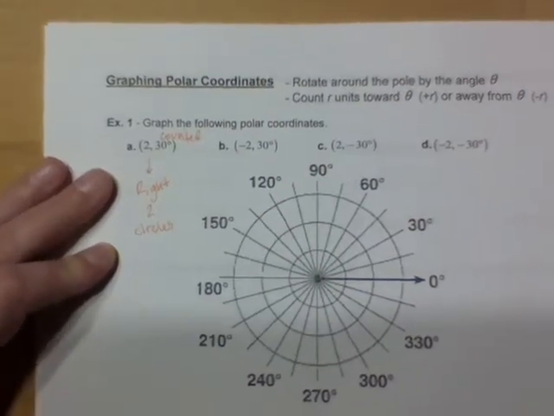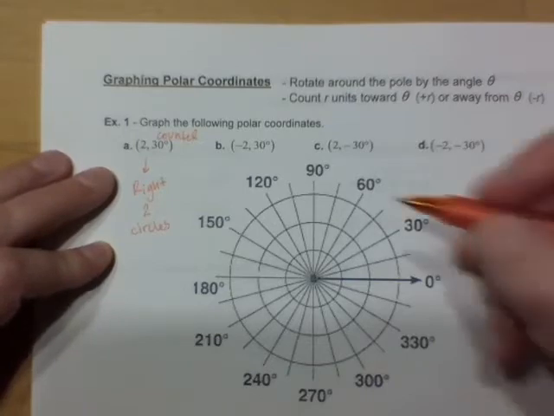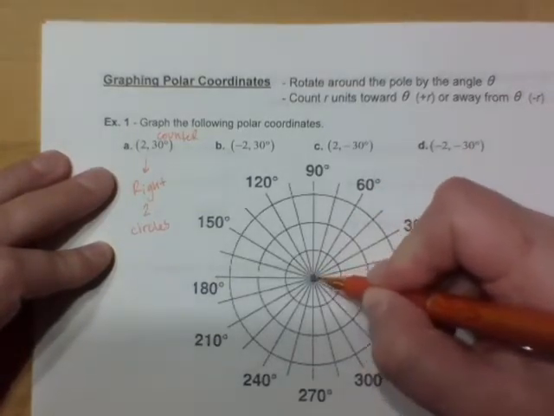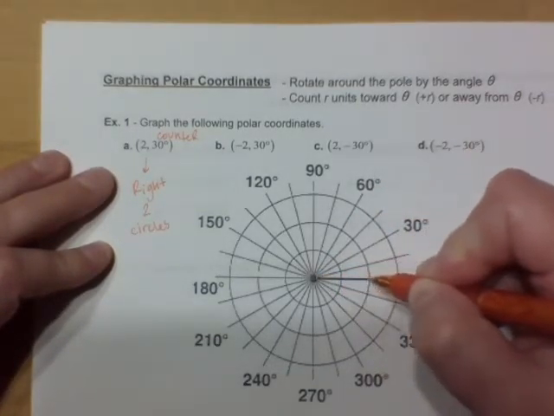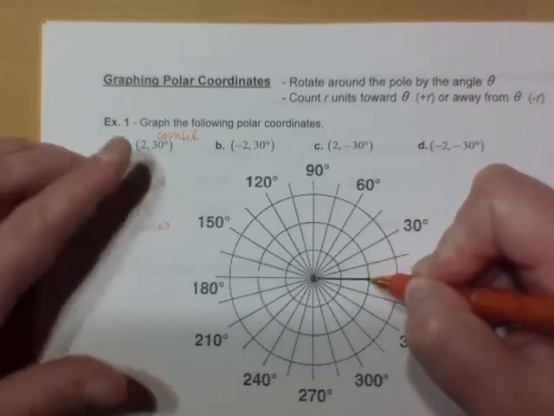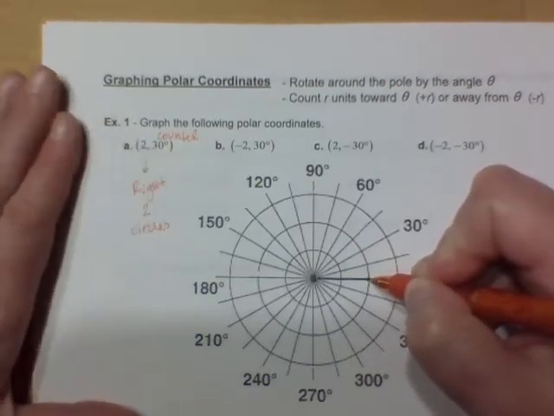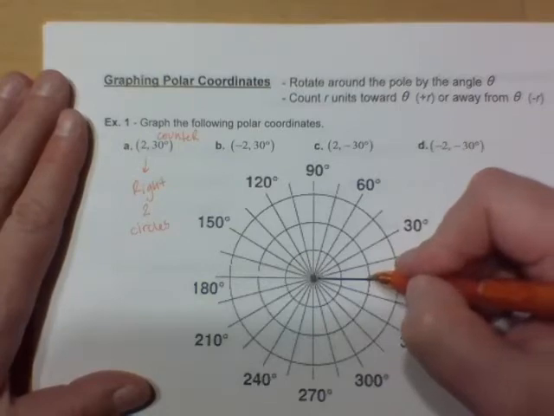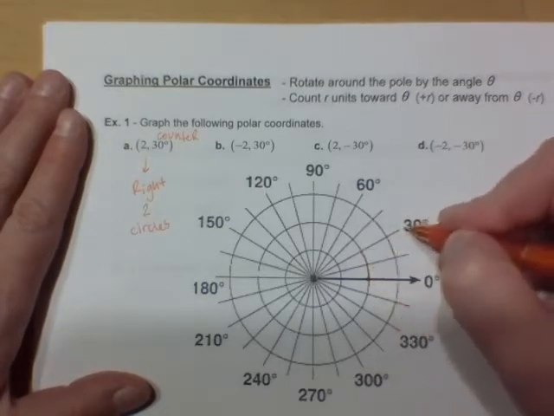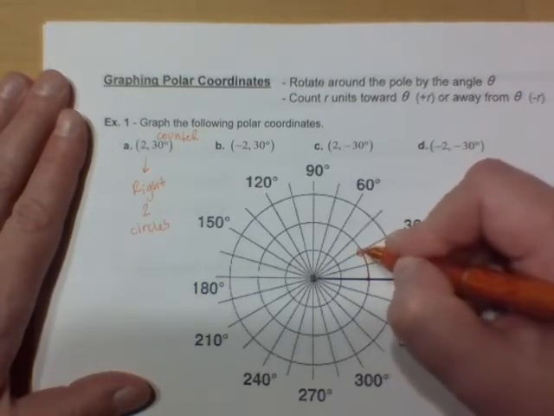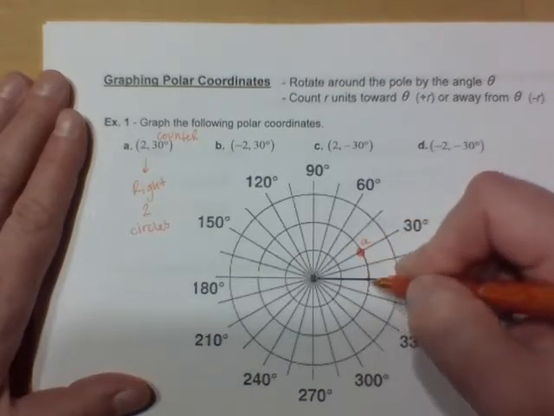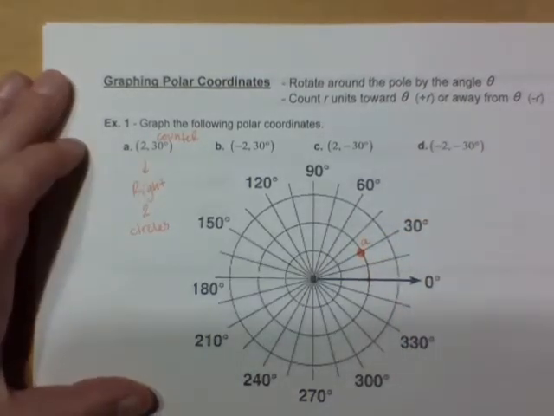From this pole, you go out 2 radii, which means 2 circles. Then we go counterclockwise 30 degrees, which is the regular direction, and end up right here. So that is A.